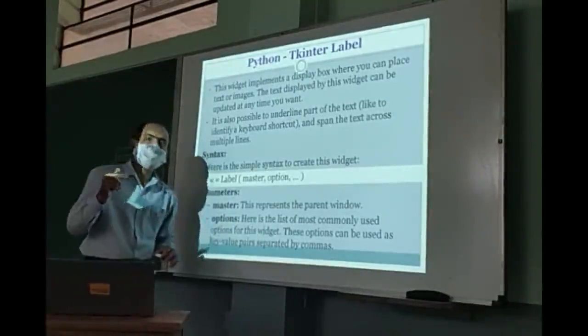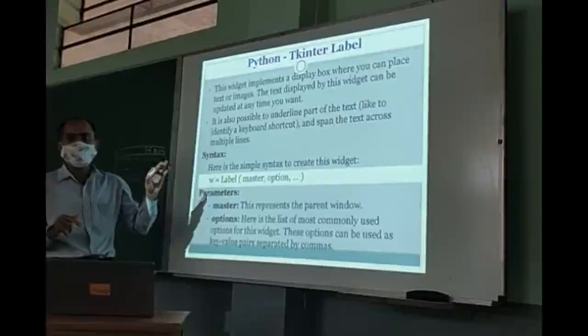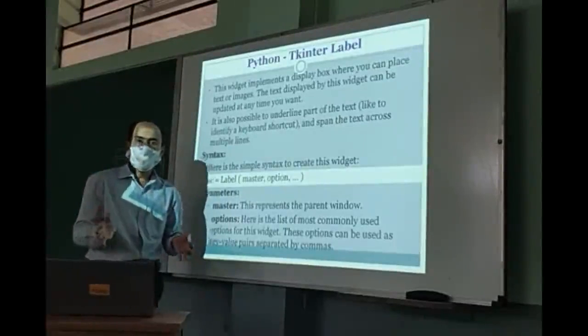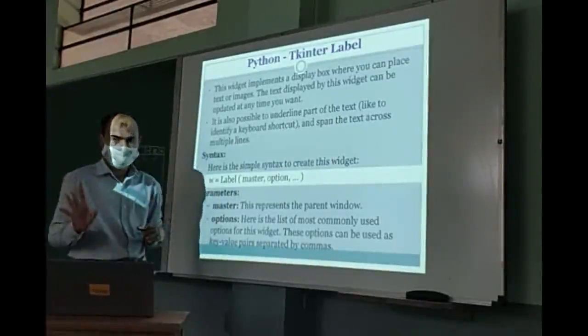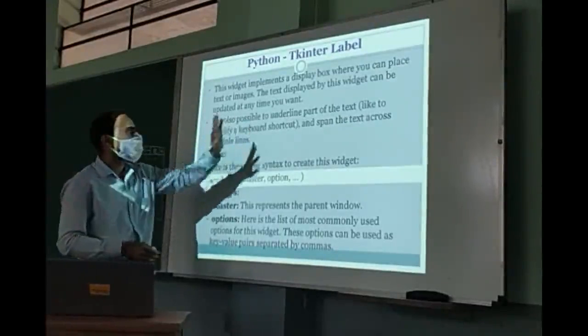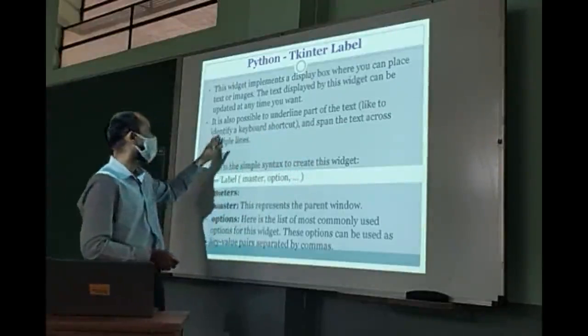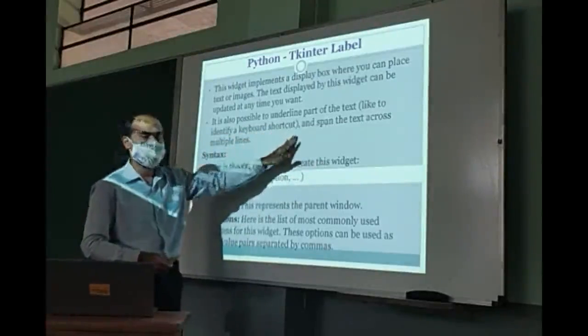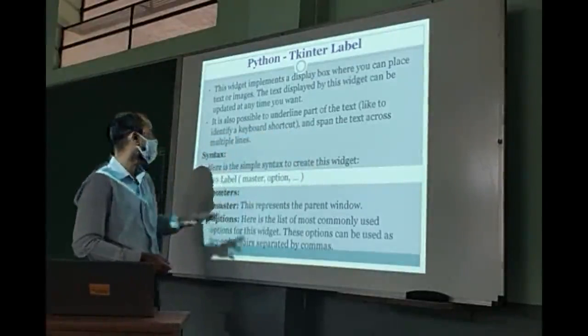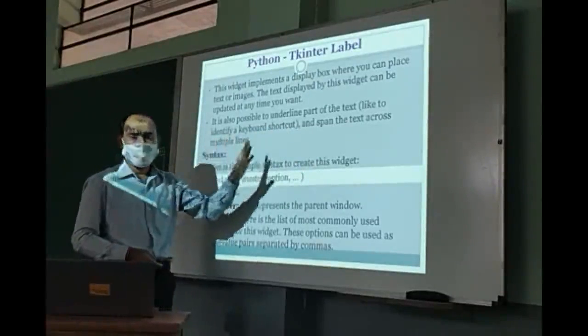And the text which is displayed by using the label can be changed or modified later on. It is also possible to underline part of the text, like to identify a keyboard shortcut, and span the text across multiple lines.